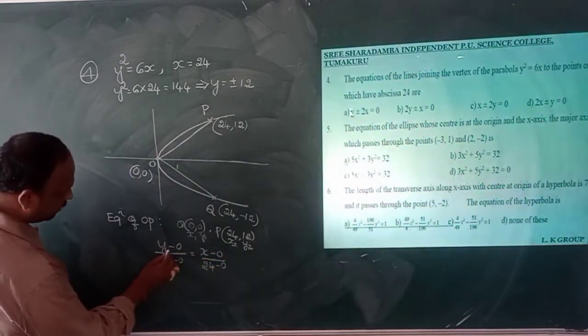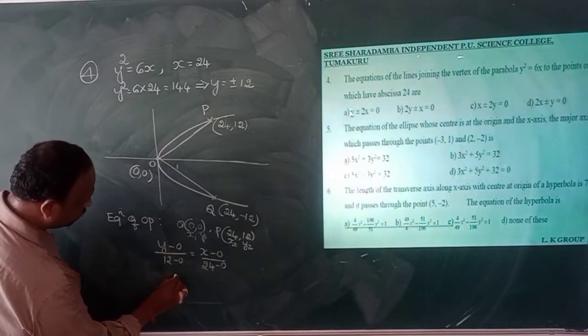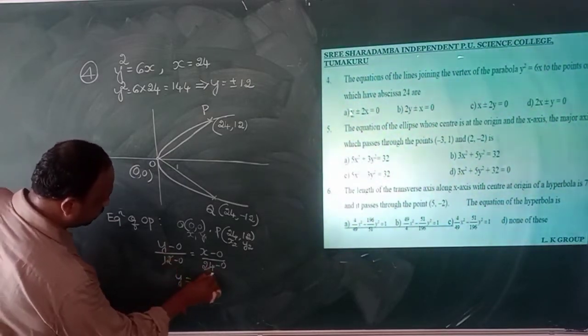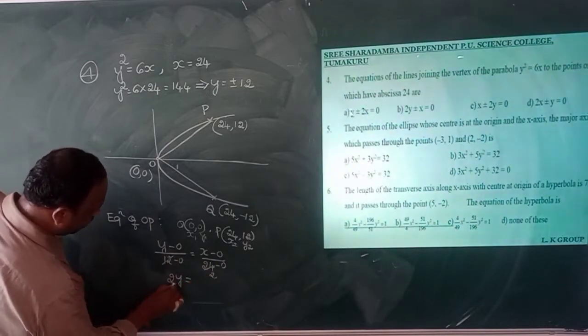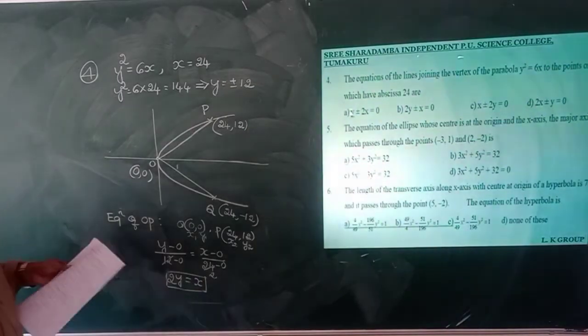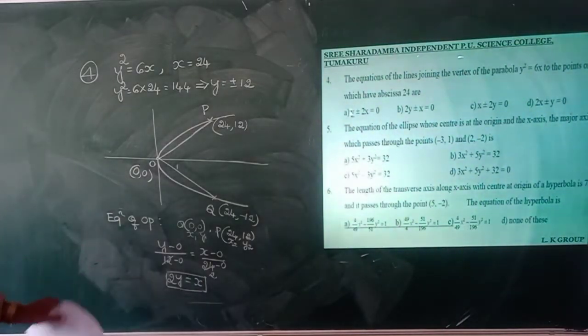So this will be y is equal to x by 2, that is 2y is equal to x. You will get x is equal to 2y.